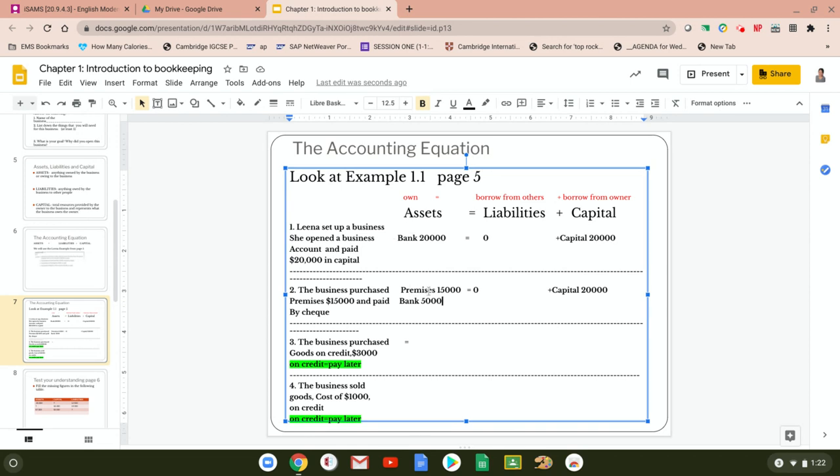So now you have a new building worth 15,000, but your bank went down by 15,000, which is now down to 5,000. The total assets, if you add both of them, is equal to 20,000. And your capital is also equal to 20,000. So as of now, both of them are still equal, right?